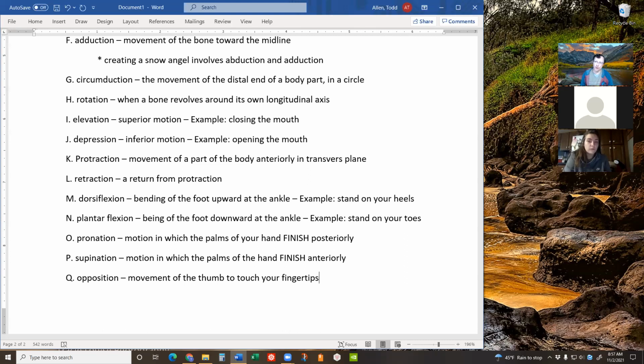But hey, if you're home in your bedroom, sitting in front of your own mirror, or in the bathroom in front of the mirror, who's going to know? So get up and do these things as you're studying the terms, and feel how your joints are moving, feel how your muscles are contracting as you do these things.